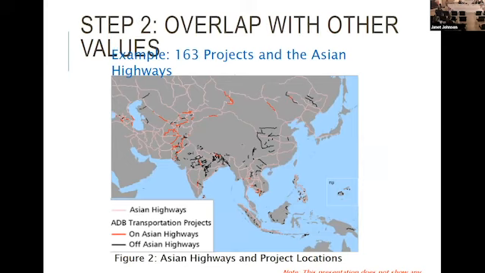This is an example overlapping with the alignment of the Asian Highway Network, which has been promoted by UNESCAP for a long time. So we can see which country or region have focused on the Asian Highway Network with ADB financing in the past 10 years. It is just one example of how to overlap and use this information.